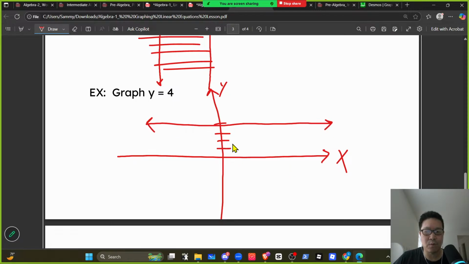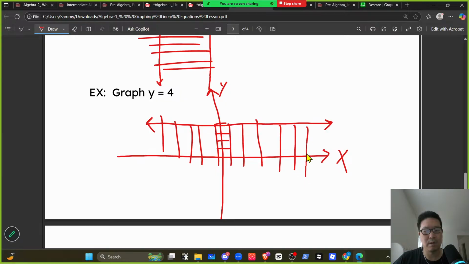And it's saying that for every value of x, y will always be 4. Okay? So just something to remember. Sometimes it's tricky to remember, but there are questions on this all the time.